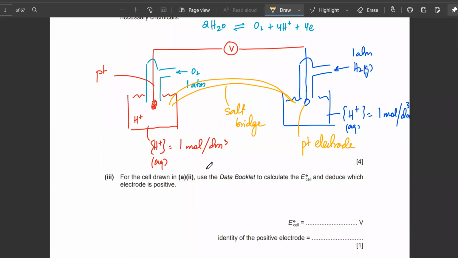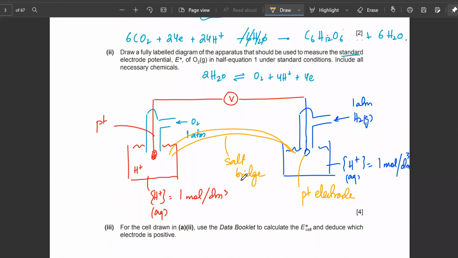Now, from the cell, use the data booklet to calculate the E0 cell and deduce which electrode is the positive one. Now you're saying that this one is the hydrogen electrode, right? The hydrogen electrode always has a potential of 0 volts. That's your reference point. Now, for water, oxygen, and H plus 1, you need to find this electrode.